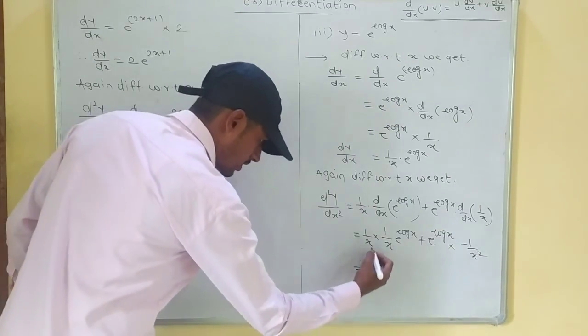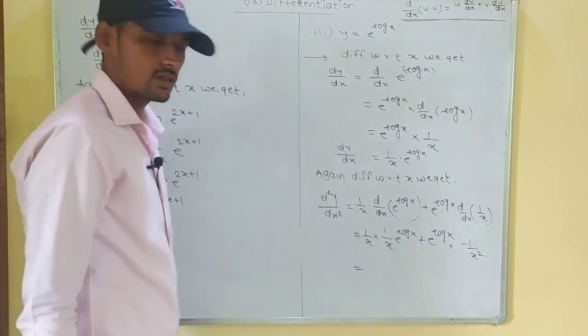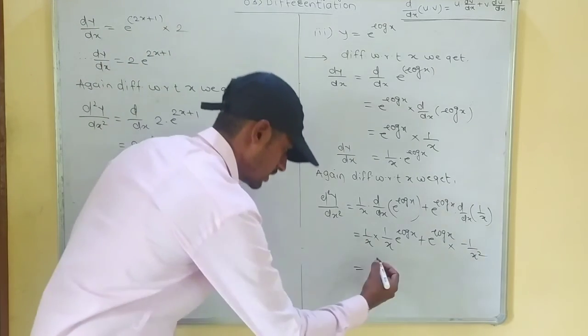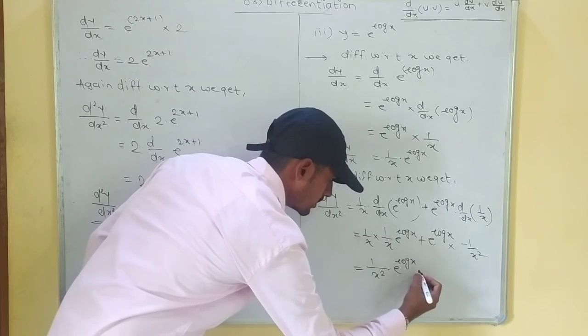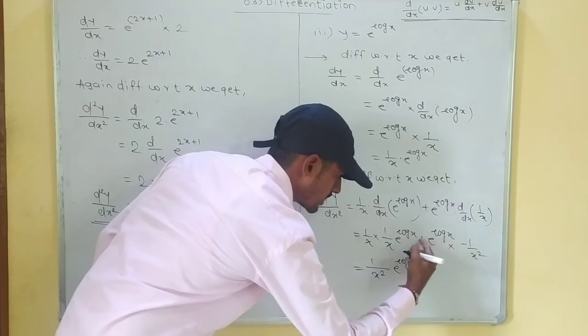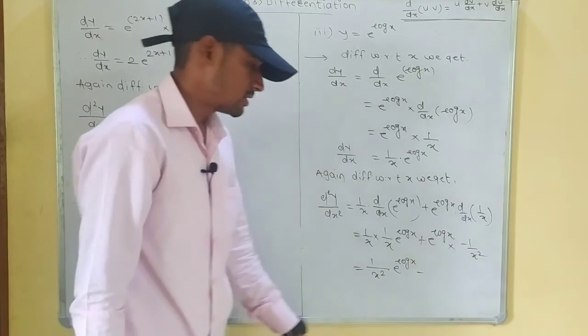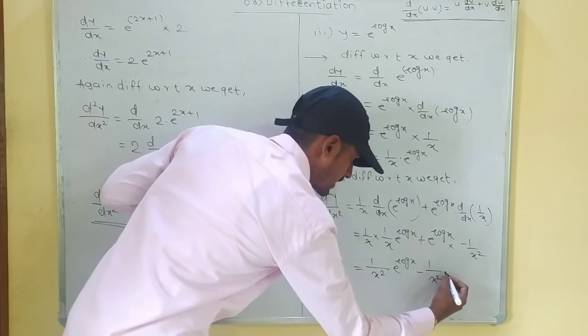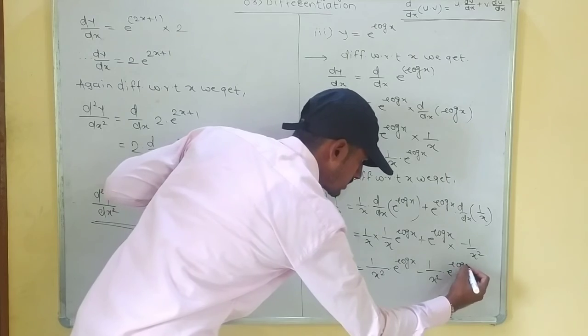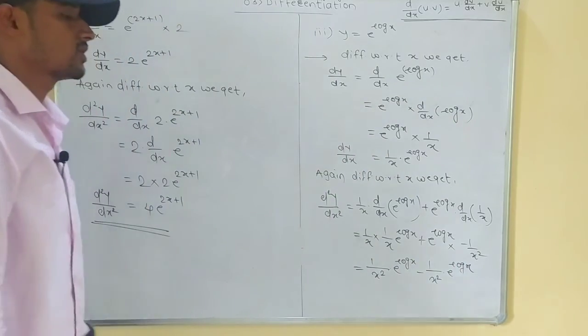So this will become 1 upon x into 1 upon x, which is 1 upon x square, into e to the power log x, plus minus becomes minus. Now this 1 upon x square as it is, and e to the power log x.